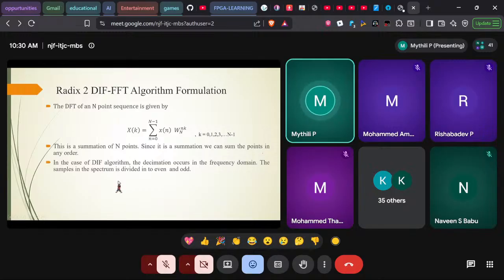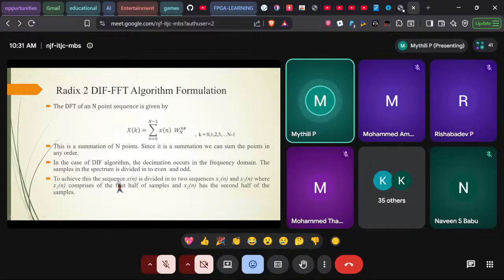So here you simply divide the summation into two parts. That is, first N by 2 points as one summation, second N by 2 points as another summation. We'll call the first half of the sequence x1 of n, the second half x2 of n. Suppose you have x of 0, x of 1 up to x of 7.